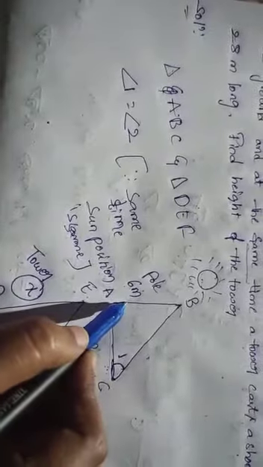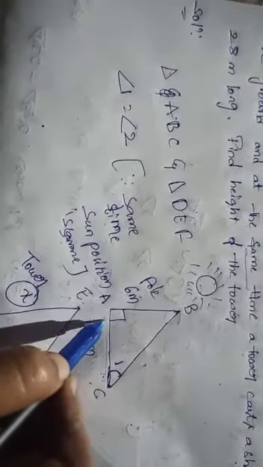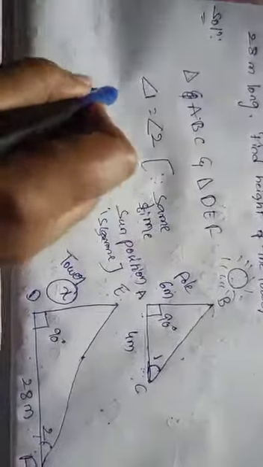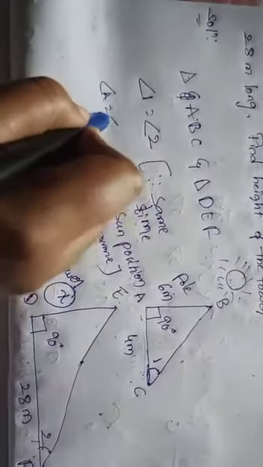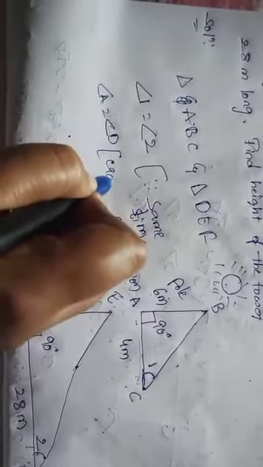Next, the vertical pole makes an angle with the ground of 90 degrees. In the same way, the tower makes an angle with the ground of 90 degrees. Here angle A equals angle D, each 90 degrees.